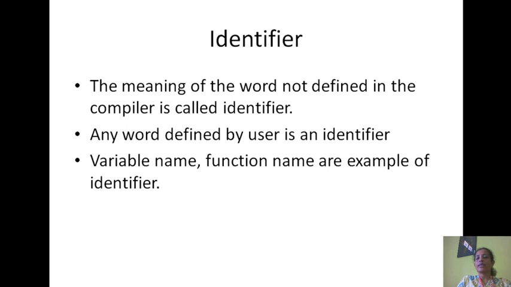A1 or N1 is not defined in the compiler. That's why these are called identifiers. In one C++ program, we can use many variable names and function names, and these variable names and function names are called identifiers.